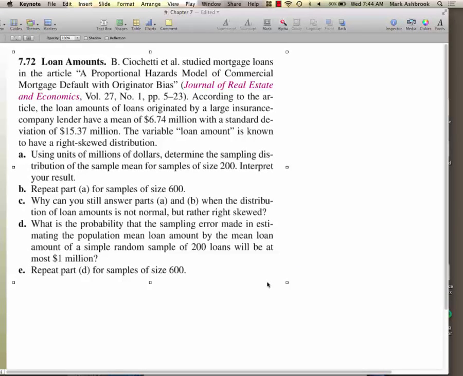Okay, so it says loan amounts. According to this study, the loan amounts of loans originated by a large insurance company lender have a mean of 6.74 million and a standard deviation of 15.37 million.